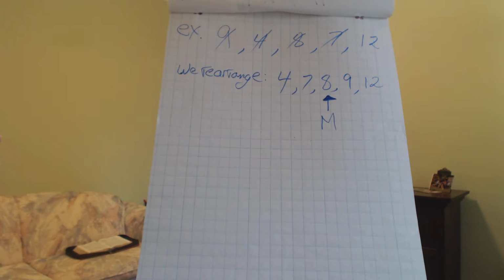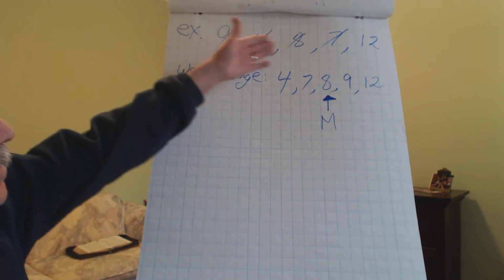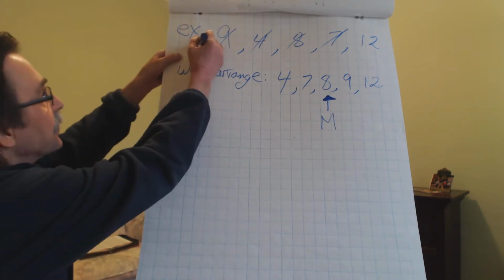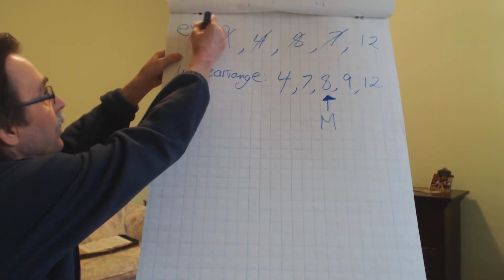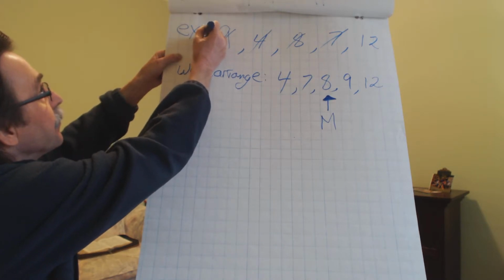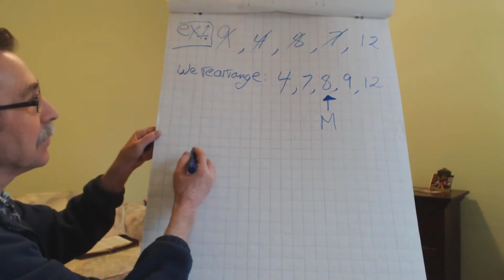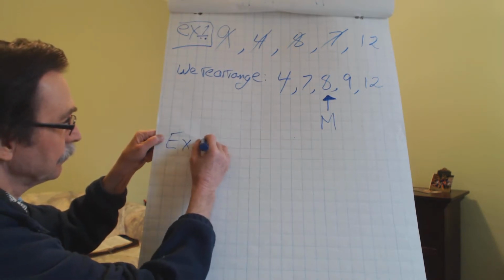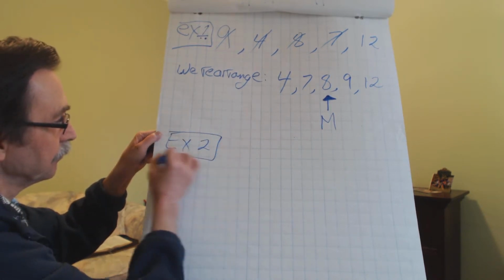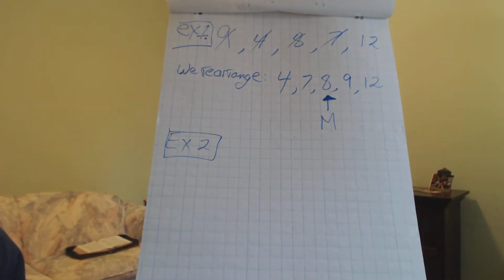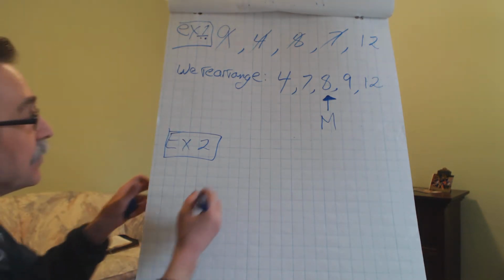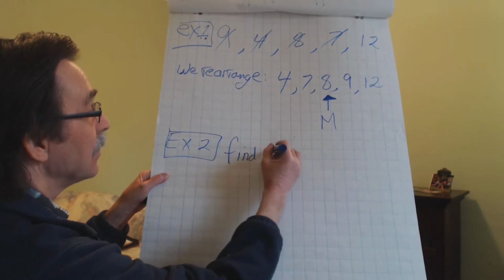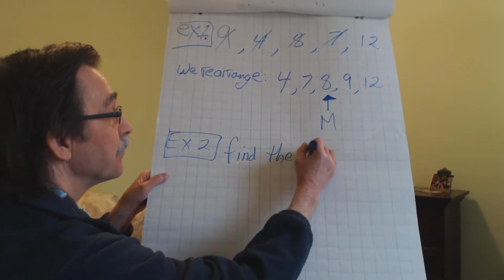Okay? So there were an odd number of scores in that set, right? I'll call this example 1. Now we'll come up with example 2. And we are going to go 18, 14, 21. Find the median.